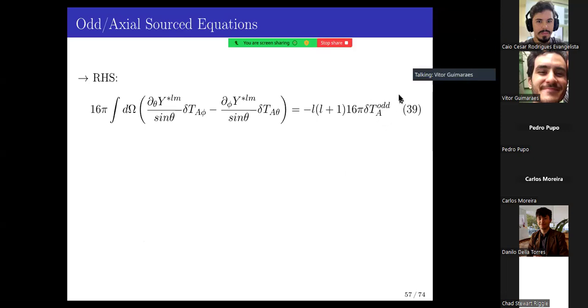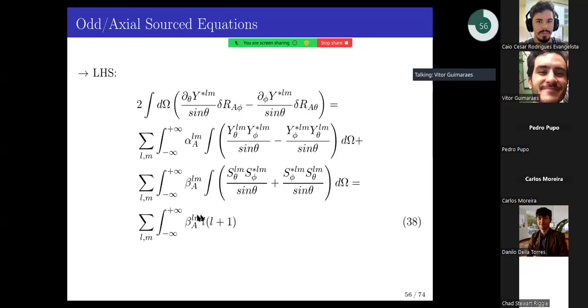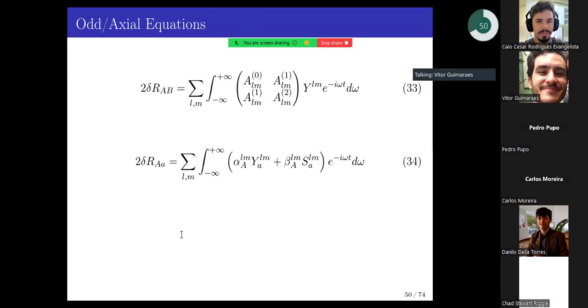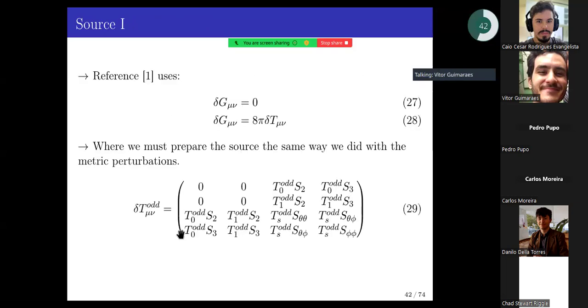Because these components of this vector, for t equal to 0 and t equal to 1, were multiplying the same basis element that beta was, right? Because we constructed the matrix in this way, right?